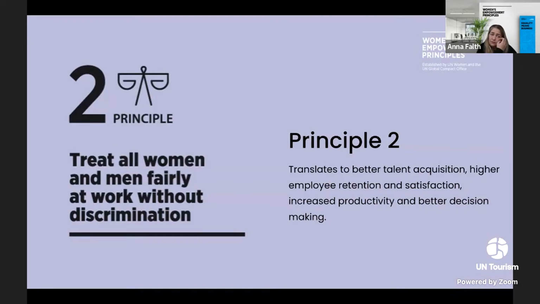Moving on to principle 2, this is where many of the workplace issues are sitting. It's about recruitment, promotion. It is about women's leadership in the company. And just to bring in some statistics from the tourism sector, we know that about half of the employees are women, but only about 20% of the women are in leadership roles.